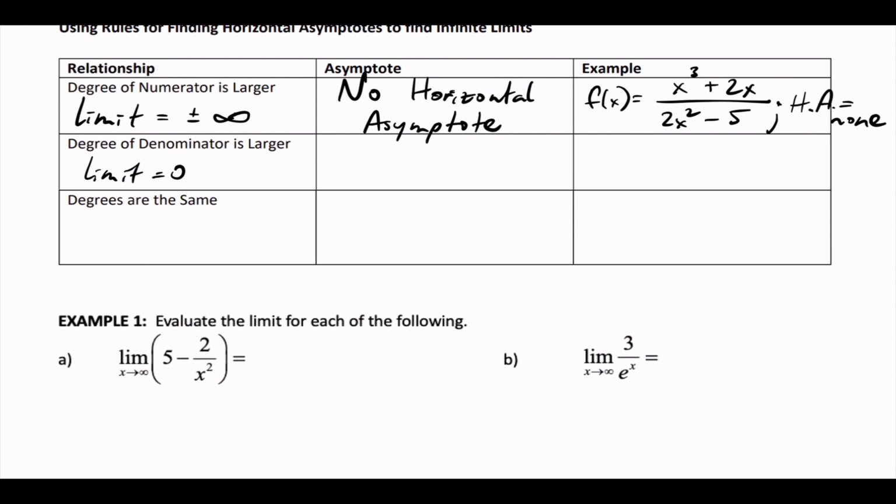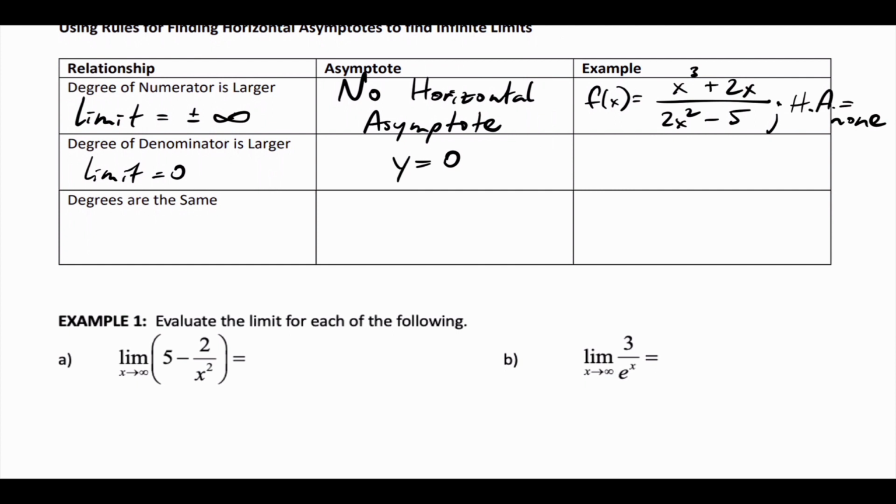So if the limit is 0, guess what the horizontal asymptote will always be? 0. So because a horizontal asymptote is a horizontal line, we write it as y equals 0. Vertical asymptote, x equals. Horizontal asymptote, y equals.